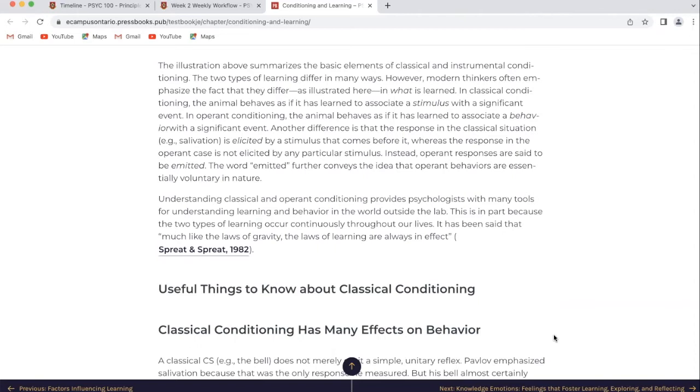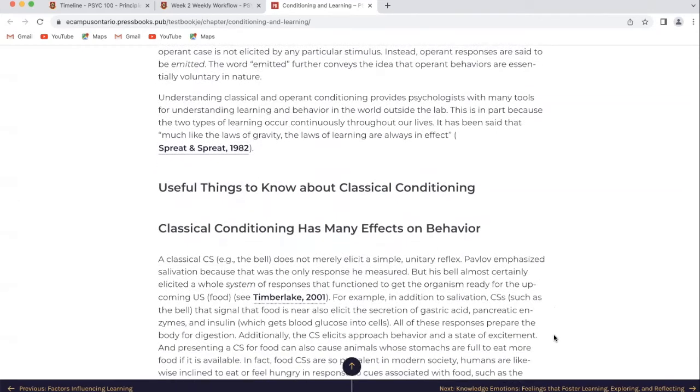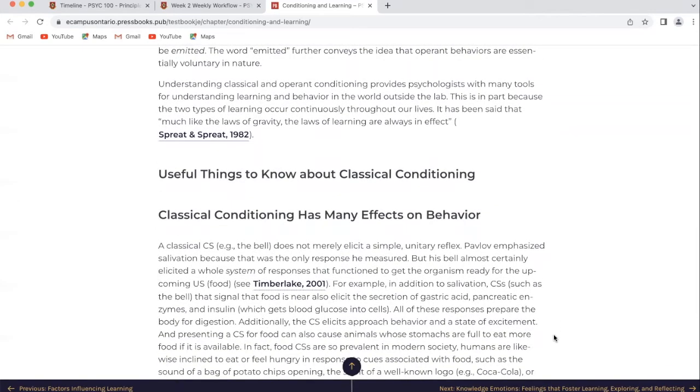Understanding classical and operant conditioning provides psychologists with many tools for understanding learning and behavior in the world outside the lab. This is in part because the two types of learning occur continuously throughout our lives. It has been said that, much like the laws of gravity, the laws of learning are always in effect.